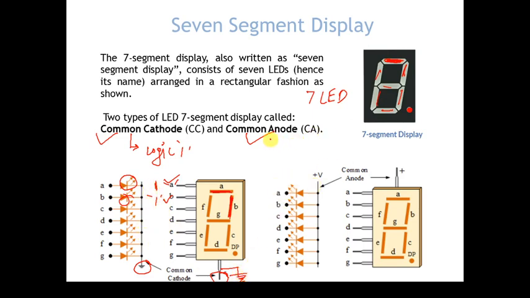Similarly, in the case of common anode, all the anodes of the LEDs are connected to VCC, or we can say logic 1. Now to turn on a segment, let us say segment A, what logic do we need to give to this segment A? We need to give logic 0. This is the very basic fundamental behind turning on a segment.